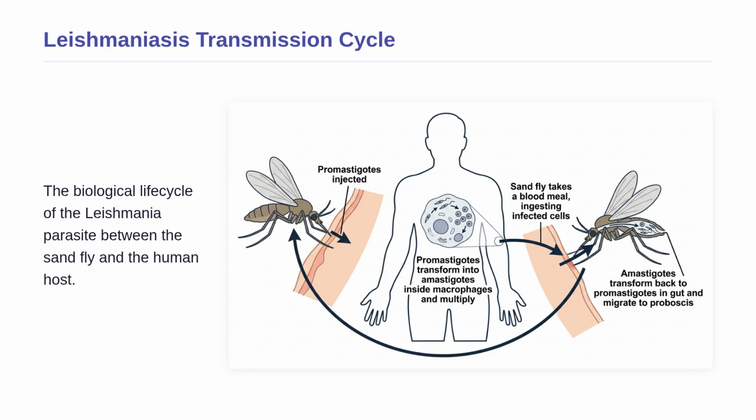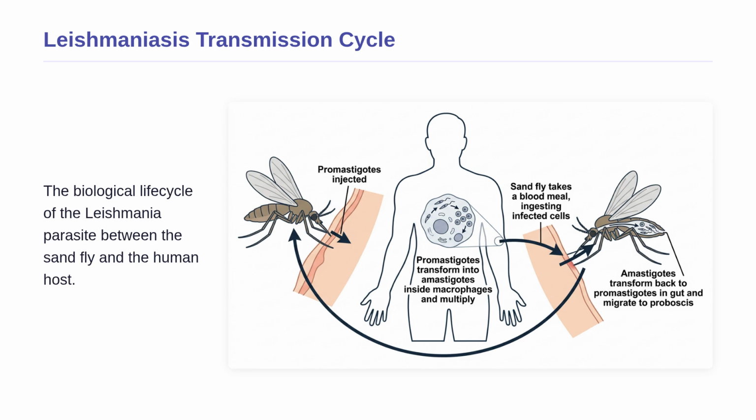Before we move on to the mathematics of how this spreads, let us visualize the biology with this diagram. Here we see the complete transmission cycle of leishmaniasis. On the left, the infected female sandfly bites the human, injecting the parasite in its promastigote stage. Once inside the human, these parasites are engulfed by immune cells called macrophages.